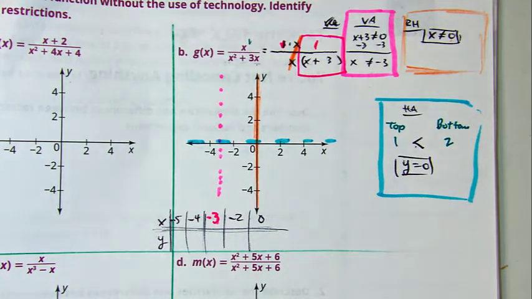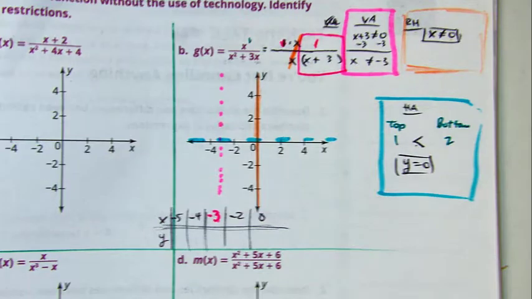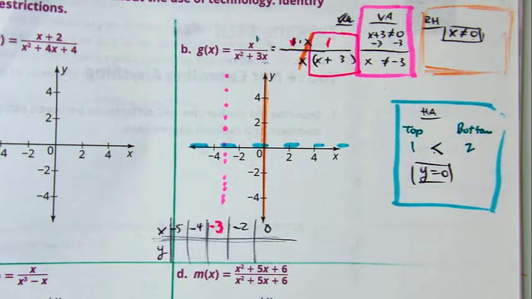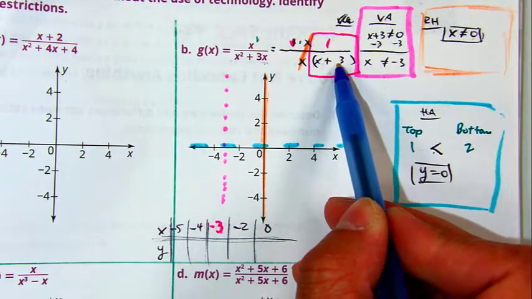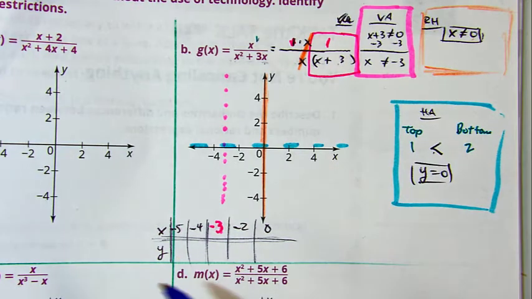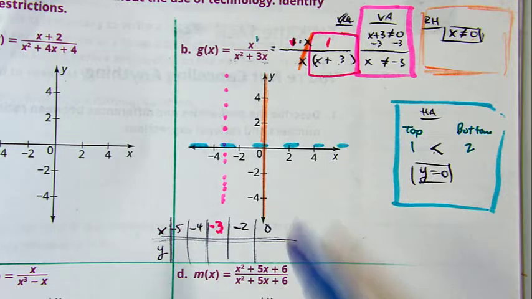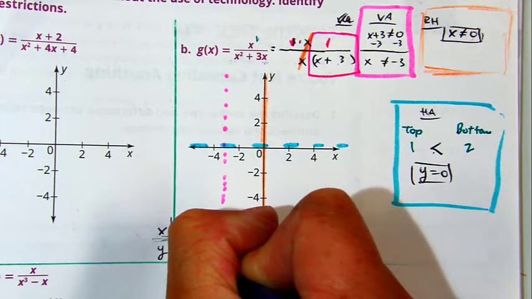Joseph H. Pick a number. -5? Yes. And when you substitute it in, what number do you get? 0. -5 plus 3? 1 divided by 2. -0.5, right? -1/2.